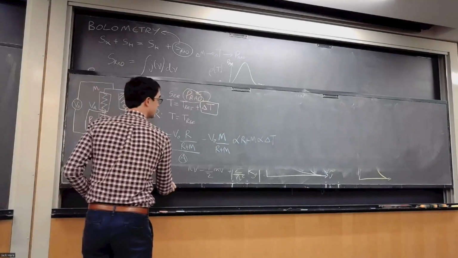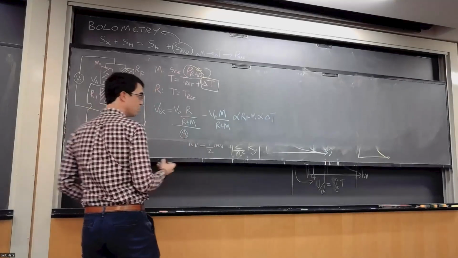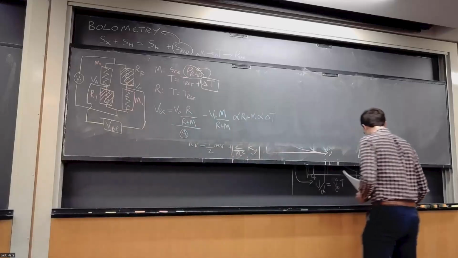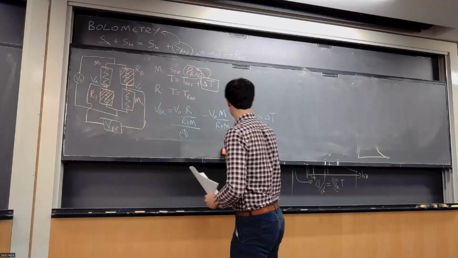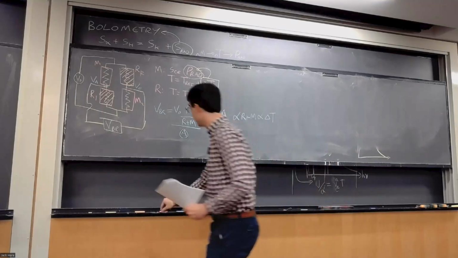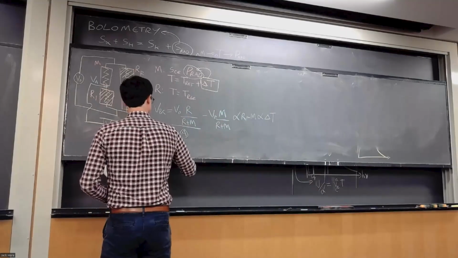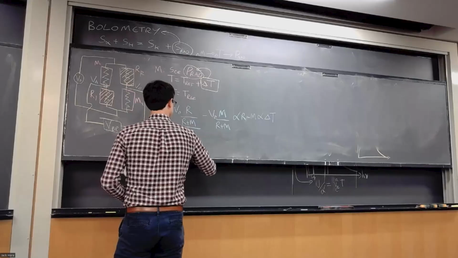And in general, we don't just use this Wheatstone bridge, we also use a phase-locked loop measurement, which is a form of heterodyning again, my favorite technique. And so we actually have V0 oscillating at around 50 kilohertz or so.